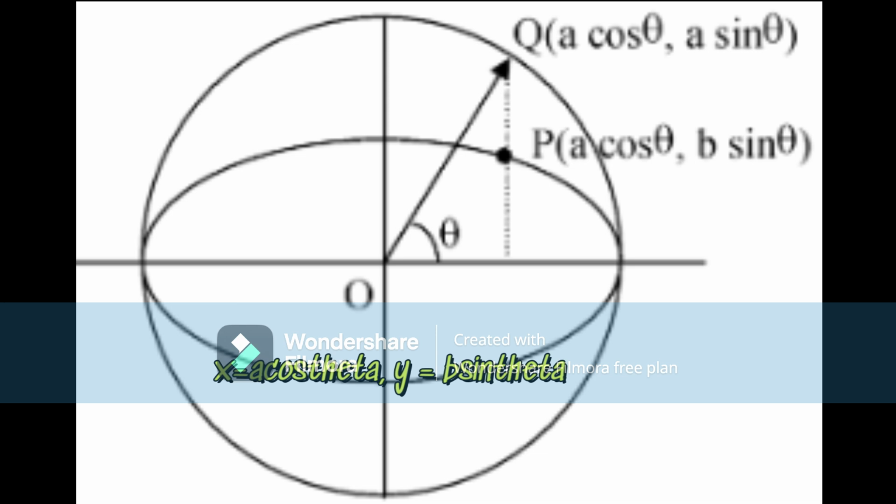We've only defined x as a cos theta and y as b sine theta. We haven't defined y as a sine theta, and neither have we used any term of b to define x, and we haven't used any term of a to define y.